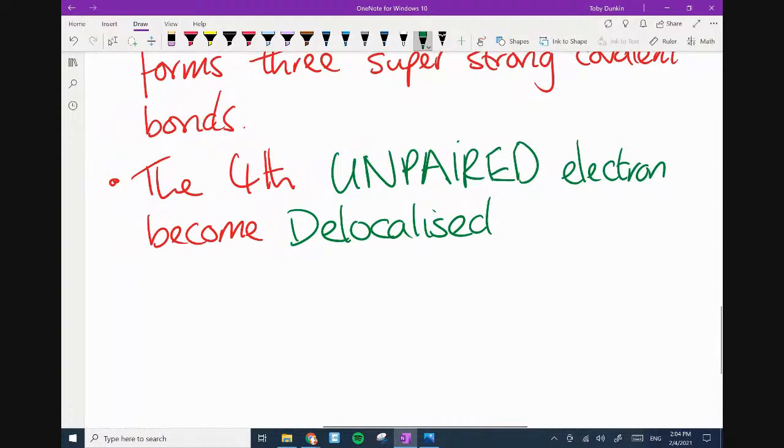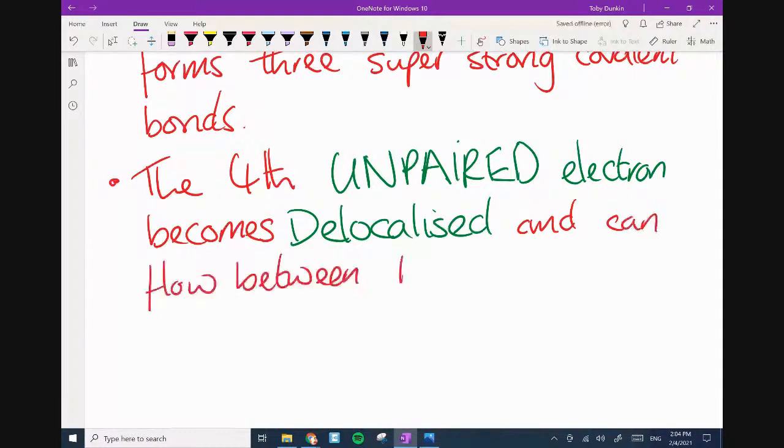The 4th unpaired electron becomes delocalized and can flow between the layers. It's really nice. And can flow between the layers. It's really amazing. Graphite is amazing stuff.